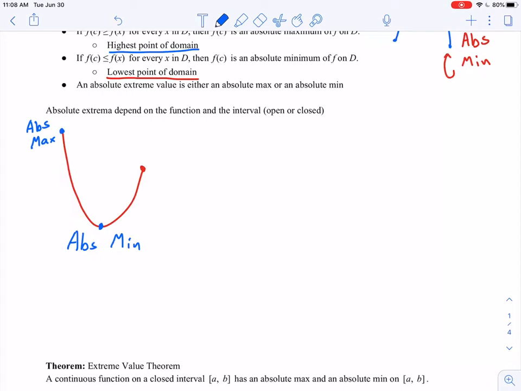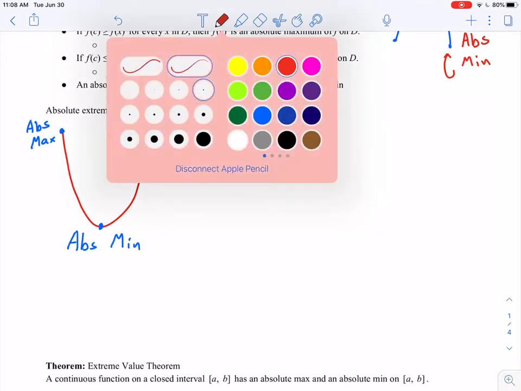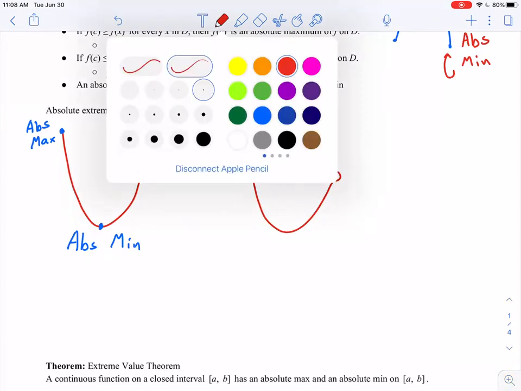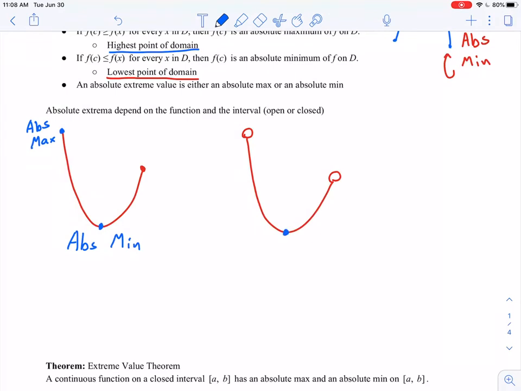We begin to have problems if we're working with, say, an open interval. So let's draw that exact same function, but this time I'm not going to include the endpoint. So I'm not going to include the left endpoint and the right endpoint. So here, if I said find the absolute extrema of this function, well, this part right here is still the lowest point.